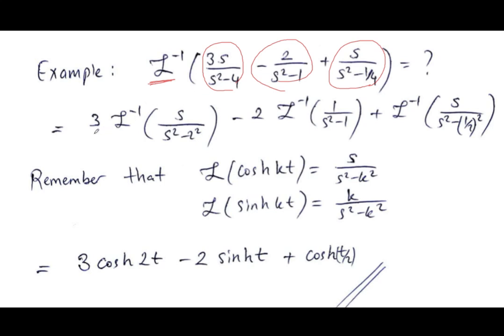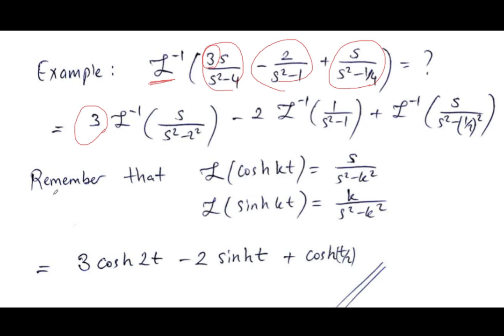For example, we have the inverse Laplace transform. So basically this 3, which is a constant, you can take it out. And then we have the inverse Laplace transform of s over s squared minus 2 squared.